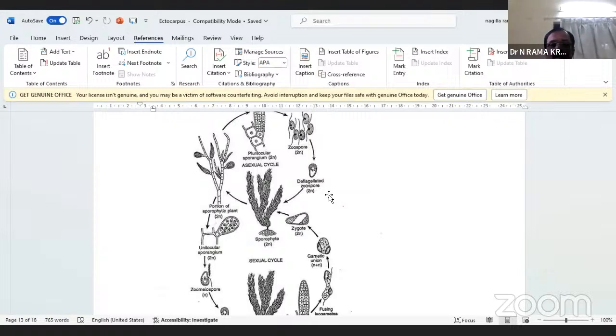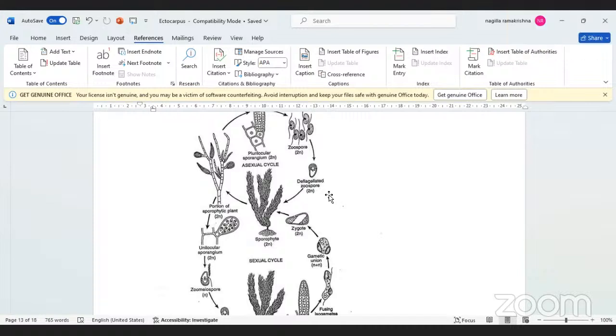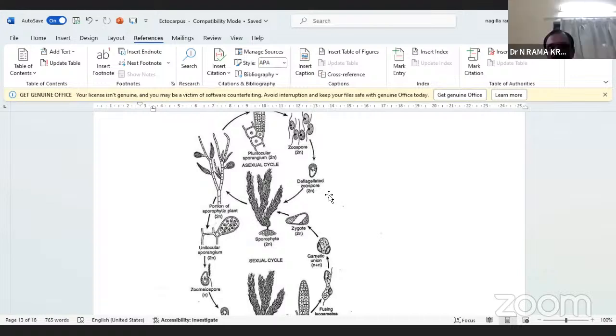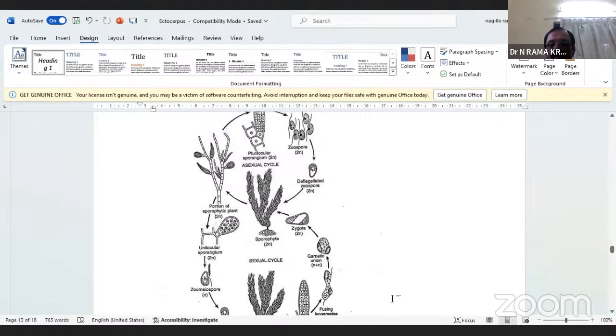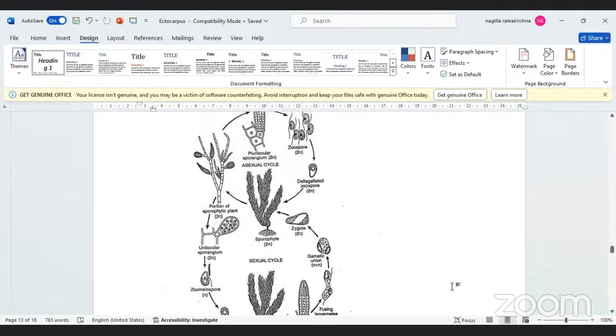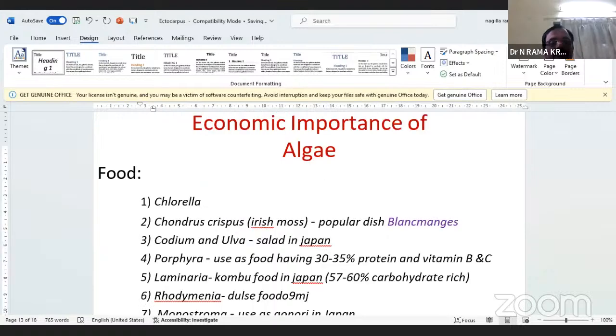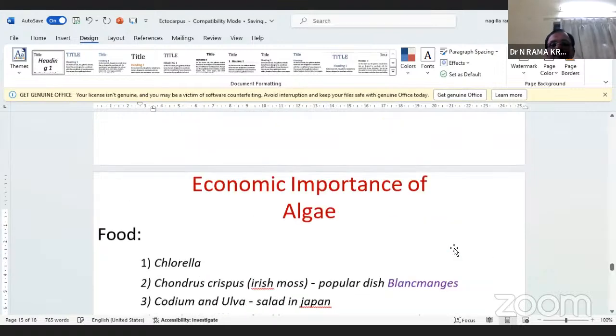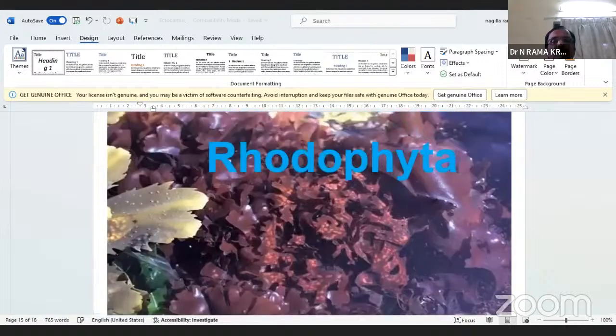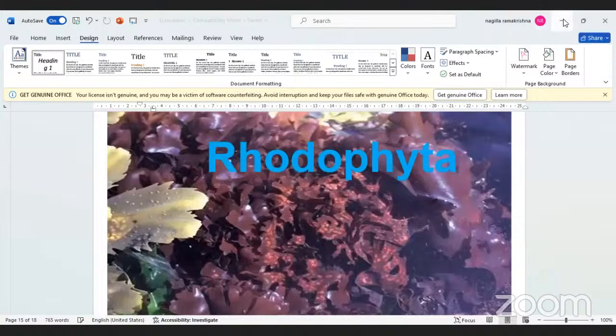Yes, now algae part 1 and part 2 are totally completed. So next, we are going to the second one, that is Bryophyta. What is the meaning of Bryophyta? Bryophyta, the amphibians of the plant kingdom.